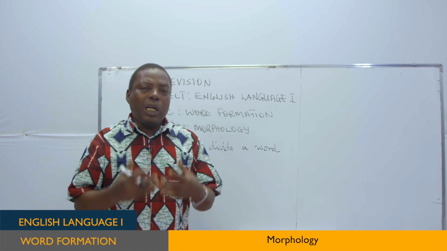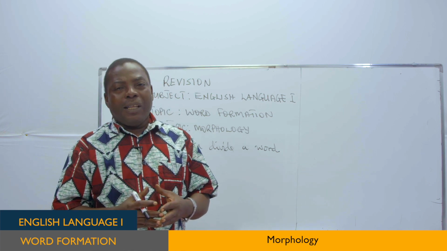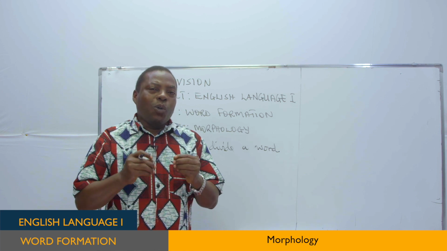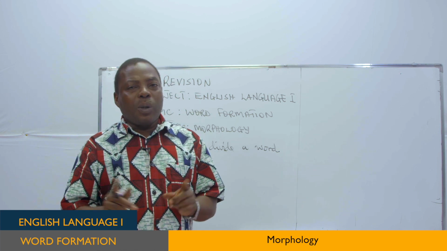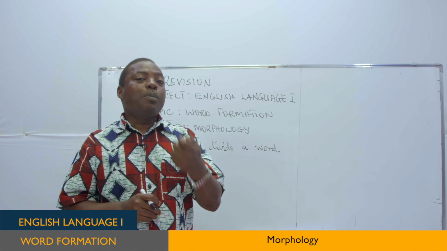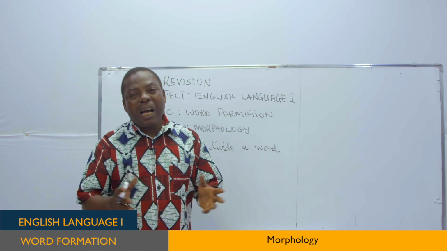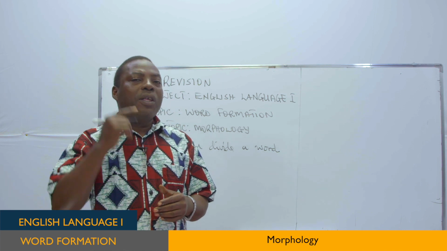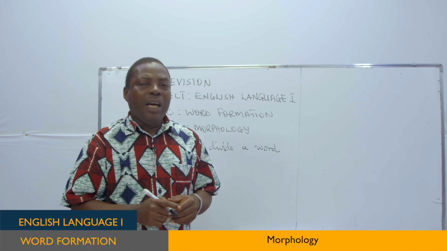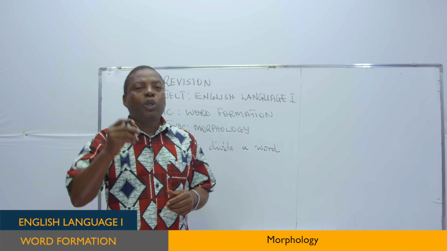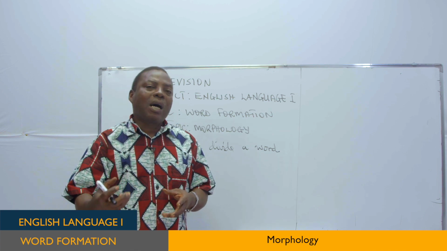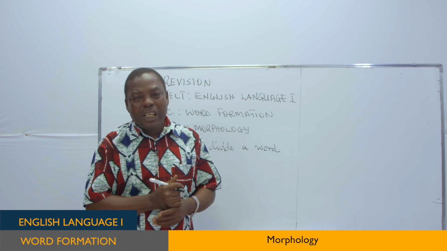So having a closed syllable, that is a syllable that ends with a consonant, is something which doesn't exist in Kiswahili. And so a Swahili speaker, once he or she comes across a syllable that ends with a consonant, will tend to put a vowel at the end so that the syllable would sound similar to those of the Kiswahili language.